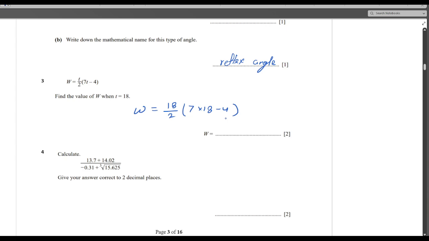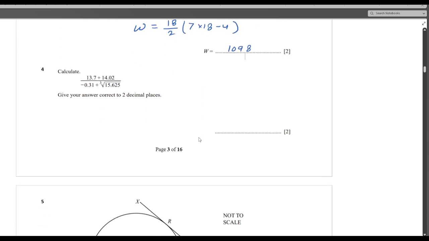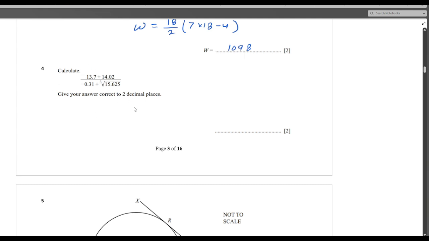So first you will solve your bracket, which is 7 times 18 minus 4. Then you will multiply this by 18 divided by 2. So you will get your answer as 1098.